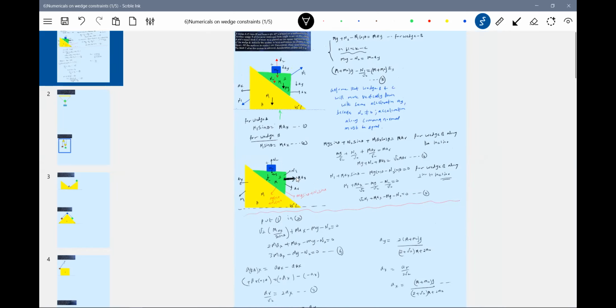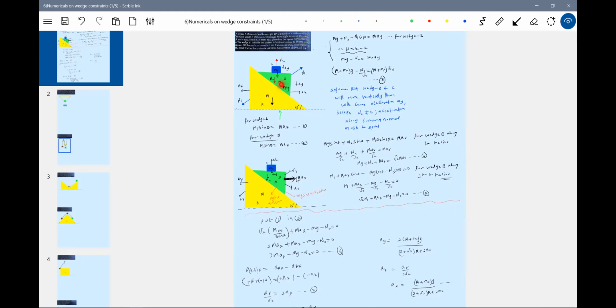See, why I brought this problem is that we get scared. In a given problem, you can describe the motion of the block or wedge B with respect to ground and also with respect to wedge A. We have another method. What is the other method?